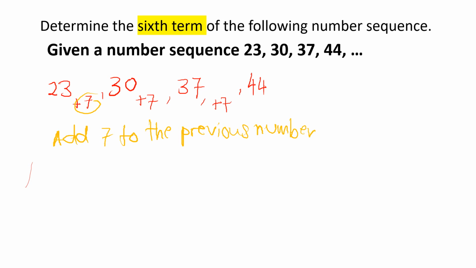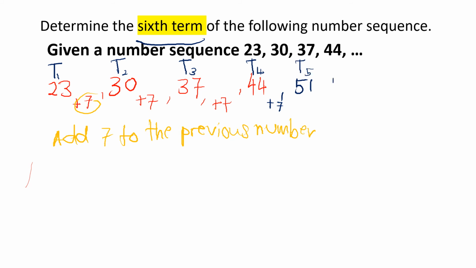In order for us to find the 6th term, we need to know that the first number is the first term. This is the second term. This is the third term. And this is the fourth term. So, the 5th term is 44 plus 7. The answer is 51. This is the 5th term.